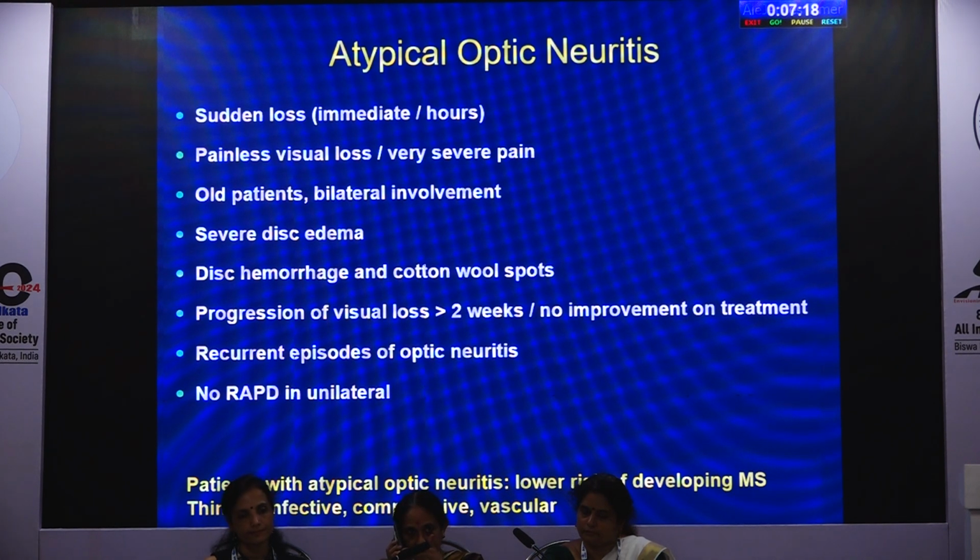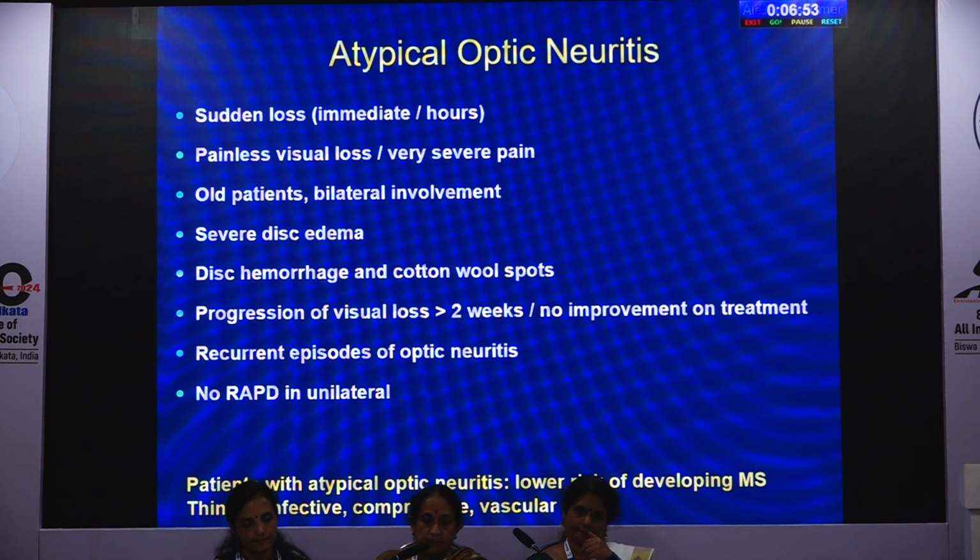There may be very severe pain or very minimal pain or no pain, bilateral involvement, outside the ages that we talked about, very severe edema, hemorrhages, progression of vision loss beyond 2 weeks, or there is no improvement spontaneously or even after treatment. There are multiple recurrent episodes of the same event happening in the same or the other eye, and no RAPD in unilateral cases.